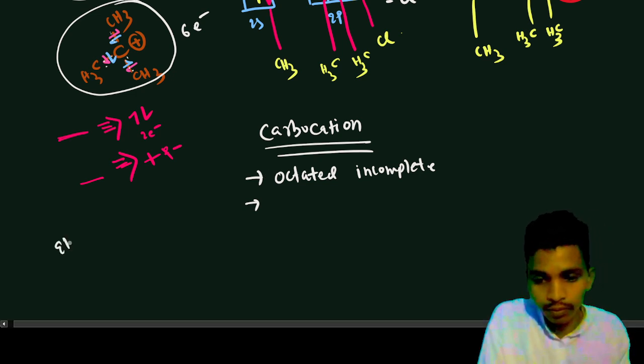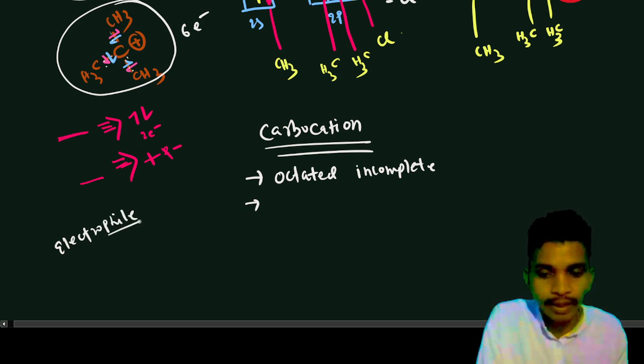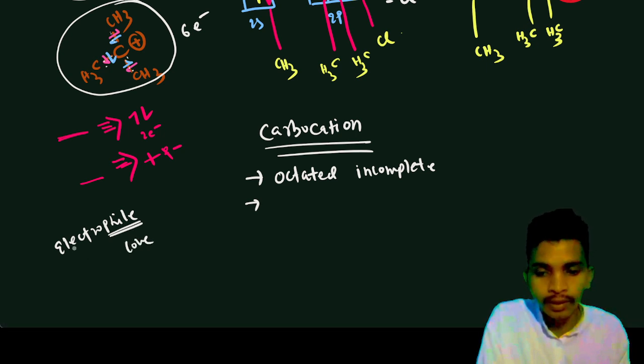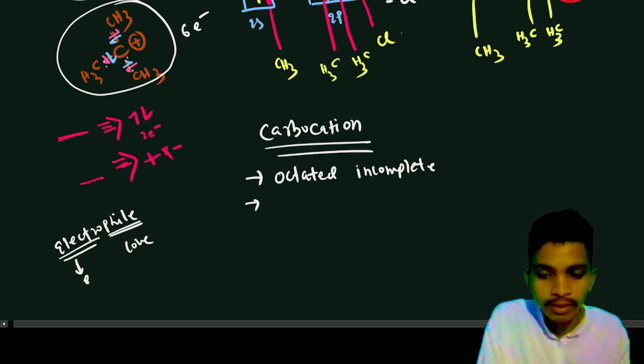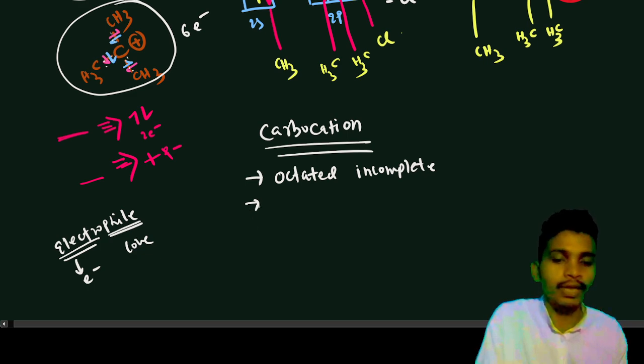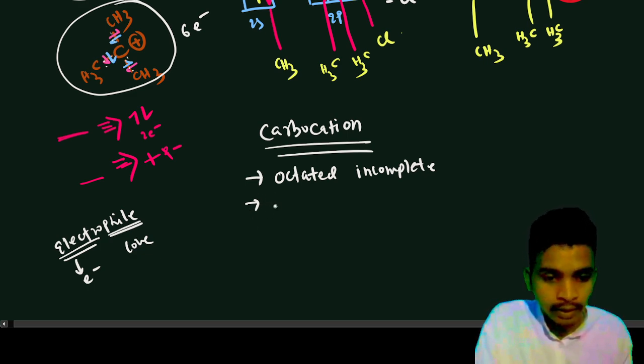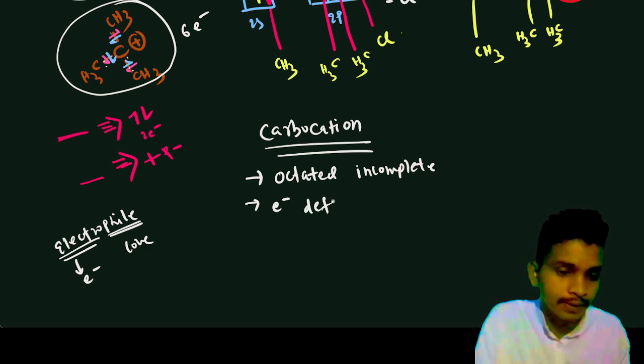We know that electrophile, phile means love, and electro means electron. That's why a carbocation is called electron deficient, or we can say that it is an electrophile.